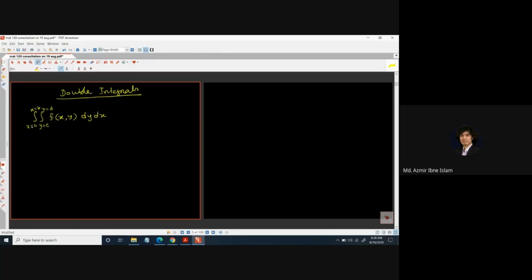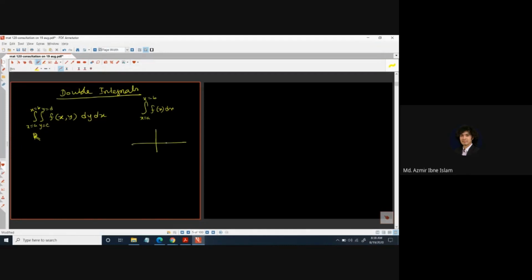That means you now have a region. The region is represented as R. So try to understand the difference between this one, the integral of f of x dx from x equal to a to x equal to b.